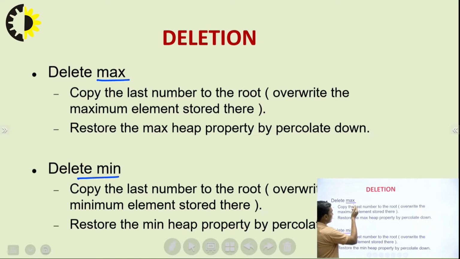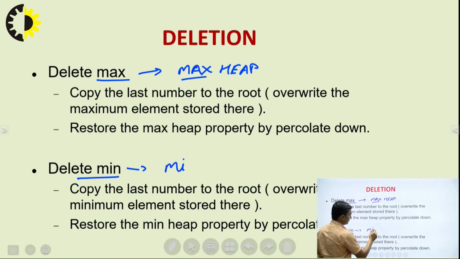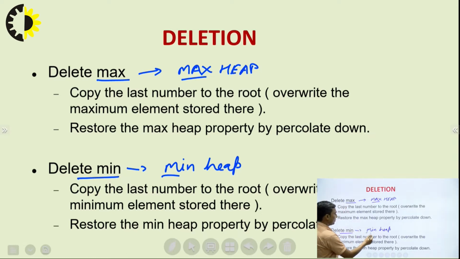Now whenever we are talking about this, delete max deals with max heap, because only in max heap we can find the maximum value at the root node, and delete min is followed in min heap, as the minimum value among all the values stored in the data structure will be at the root node in min heap.